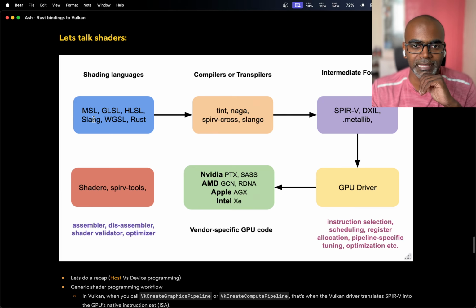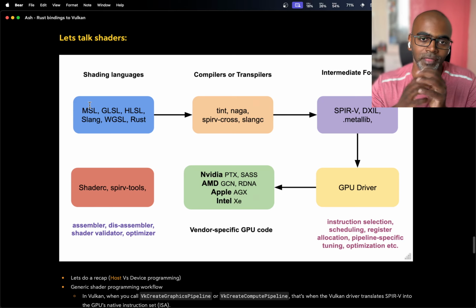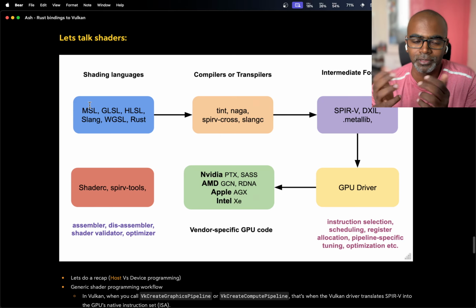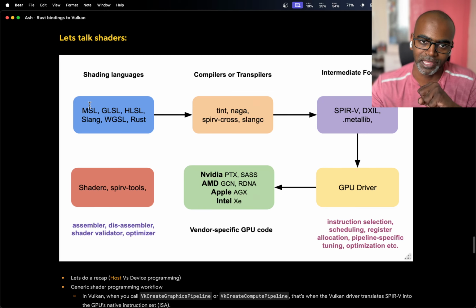So MSL stands for Metal Shading Language. That's from Apple, and Apple wants to do its own thing, and I'm not entirely sure why it won't play well with others. At least do your own thing, but try and play well with others. Anyway, there's some problem with Metal in the sense that you can't transpile it directly to other shading languages.